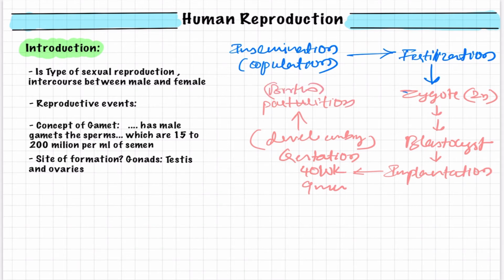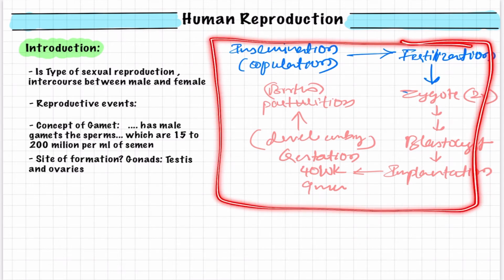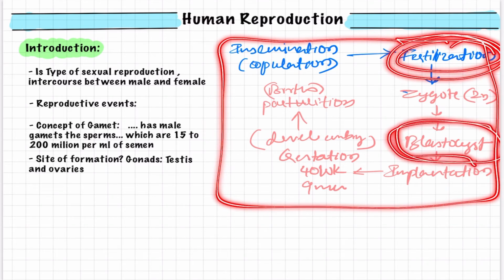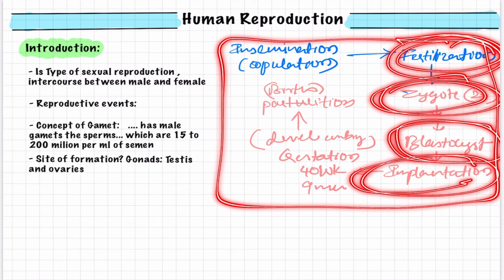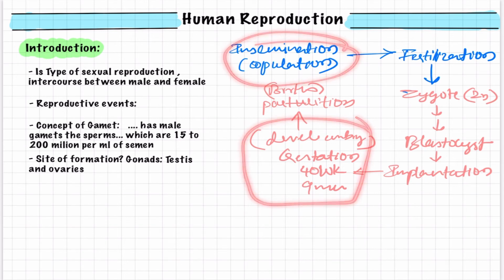So these are the reproductive events, and they are very important to understand before going in depth about fertilization, implantation, the development of the zygote into the blastocyst, the process of insemination, fertility disorders and all those things.